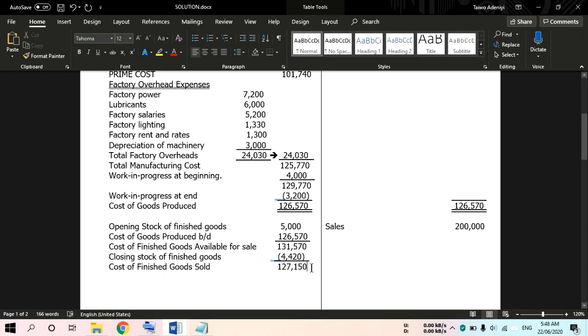So that means we will get our gross profit, and our gross profit is going to be on the same side where you have the cost of finished goods sold. Gross profit CD. Let's get the difference. That will give us 72,850.